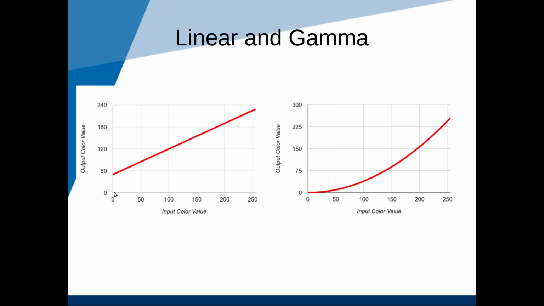Let's say there's no red at this particular part of the picture. Then I go to 0 and I look. That corresponds to a bit less than 60. Any area in the original picture where the red component has a value of 100, I look at this graph and I see that the amount of color in the output picture will be 120.